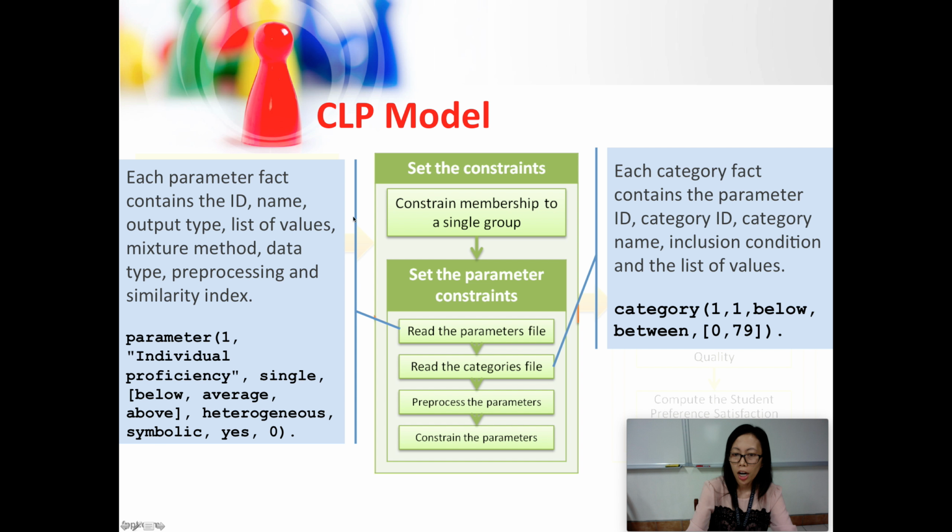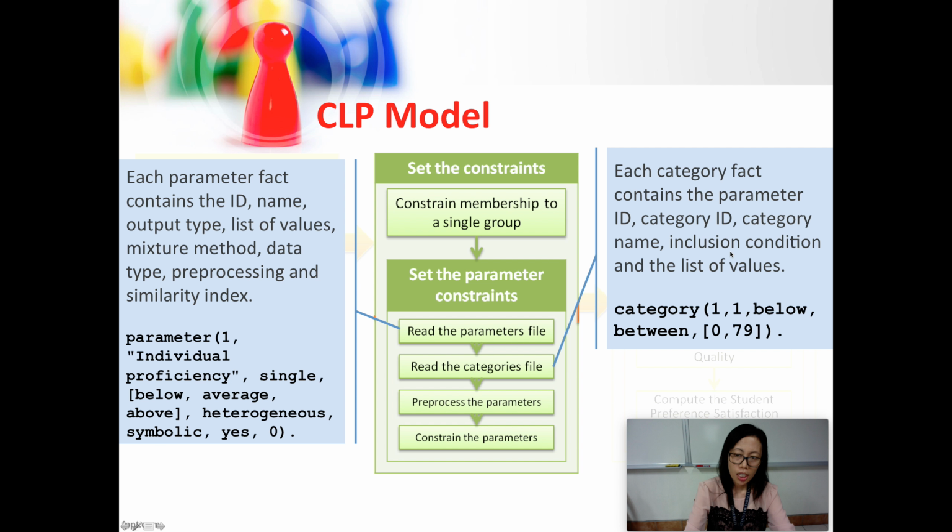Now the pre-processing would require the categories file, which contains the category facts. Each category fact will contain the parameter ID, the category ID, the category name, the inclusion condition, which can either be all, one, or between, and the list of possible values.